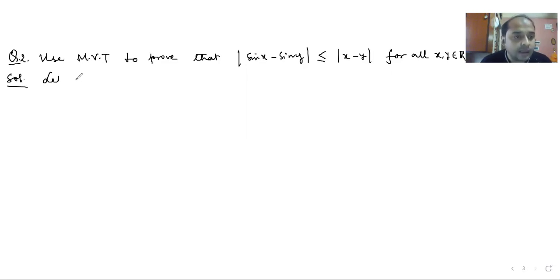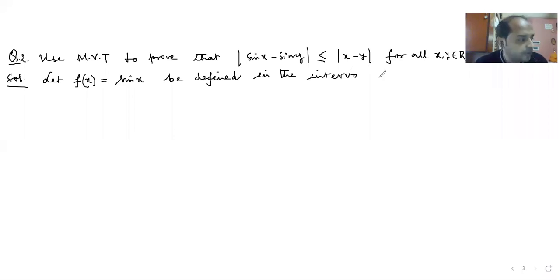Let f(x) equal to sin x be defined in the interval from x to y, in R. Now here you see that in the previous example I selected [0, x] as the interval.